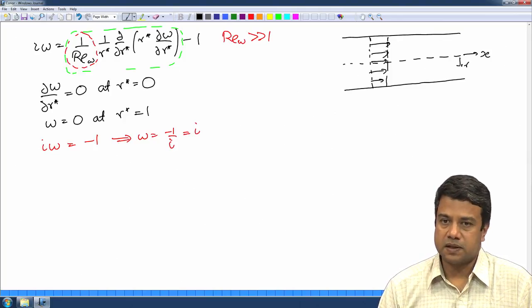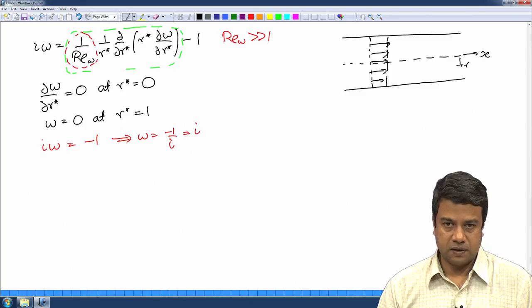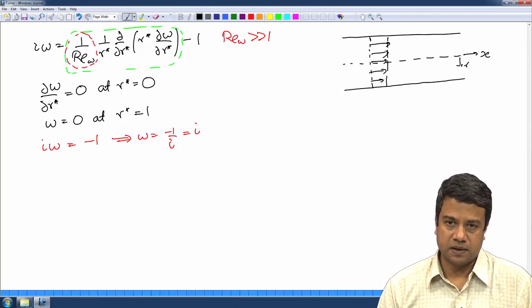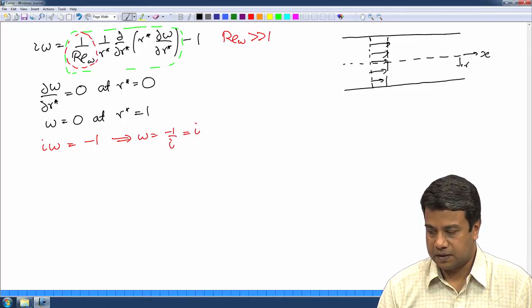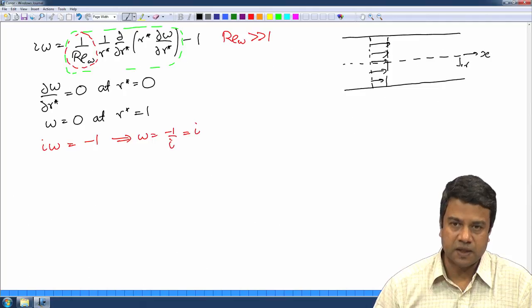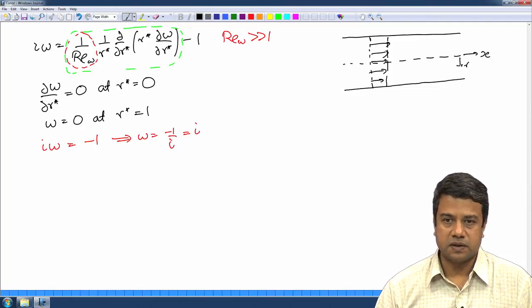Why does the no slip condition arise at the wall? That is because the wall is exerting a frictional force on the fluid and retarding the fluid, so that the velocity comes to 0 at the wall. That frictional force is basically viscous. It is the diffusion of momentum from the wall. The diffusion of momentum from the wall is slowing down the fluid close to the wall and therefore reducing the velocity to 0.